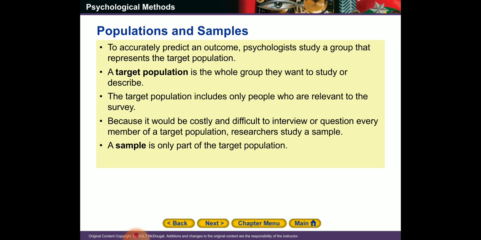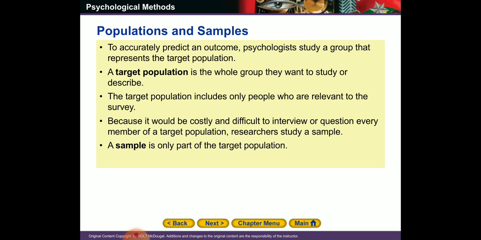The target population includes only people who are relevant to the survey. Of course, they are the people that I want to take the survey. It would be costly and difficult to interview every member of the target population. It's very hard, by the way, to ask all of the target population.